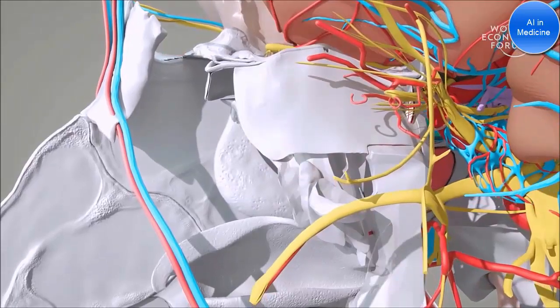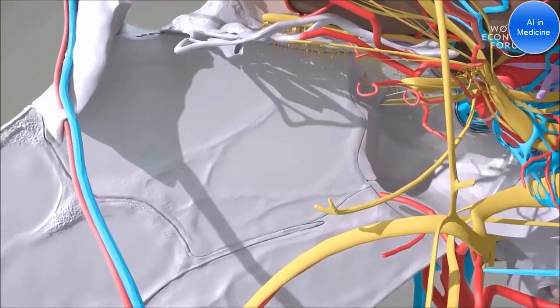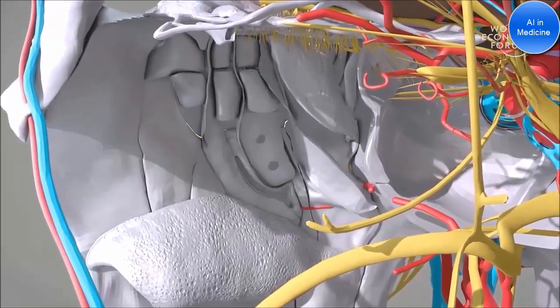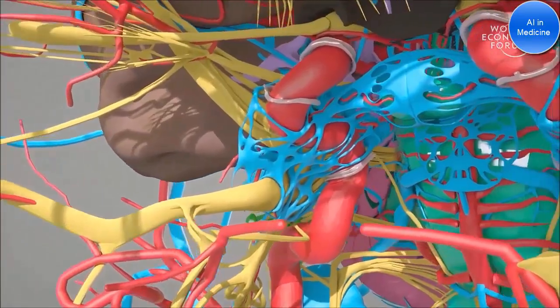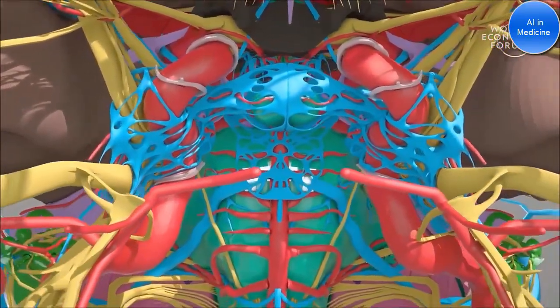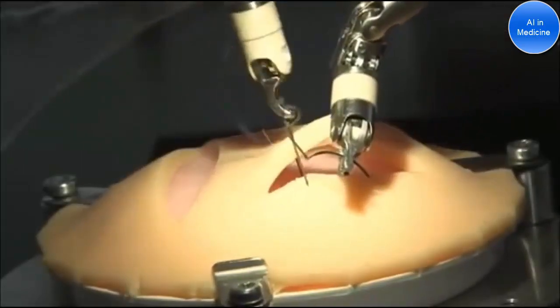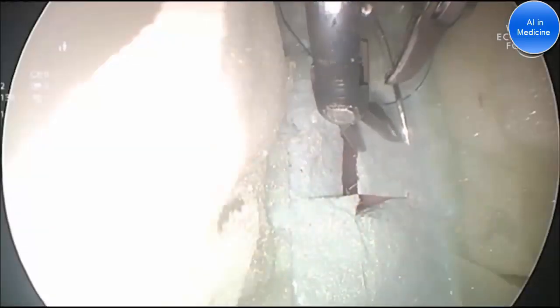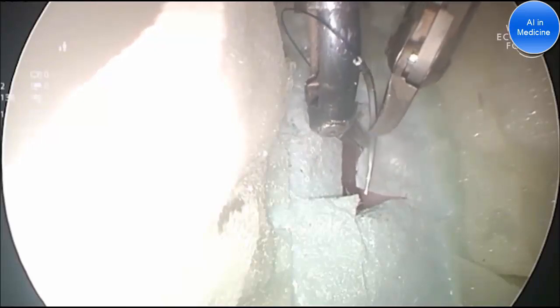But we know from research and current experiments and prototypes that robots using autonomy and artificial intelligence are quite successful in several tasks like incisions, closure, and knot tying. There are multiple procedures that are very simple, and robots are faster than humans.